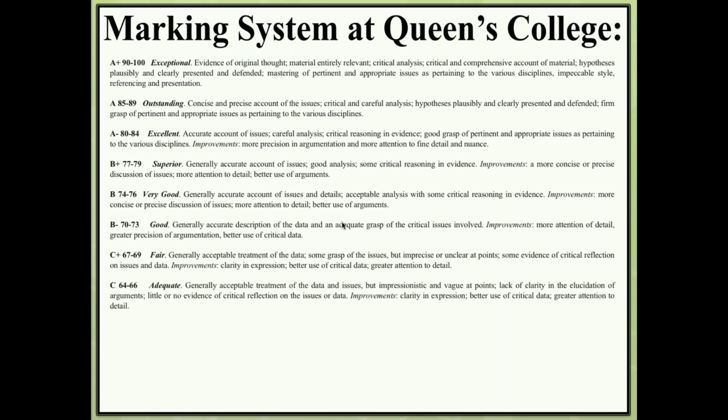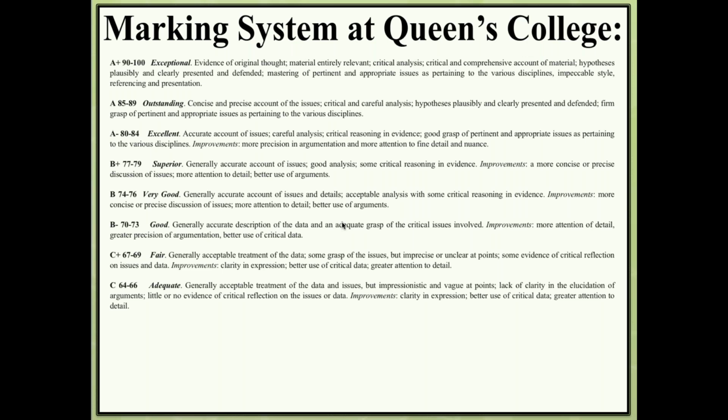C range, 64 to 66, adequate. Generally acceptable treatment of the data and issues, but impressionistic and vague at points. Lack of clarity, with little or no evidence of critical reflection on the issues or data.